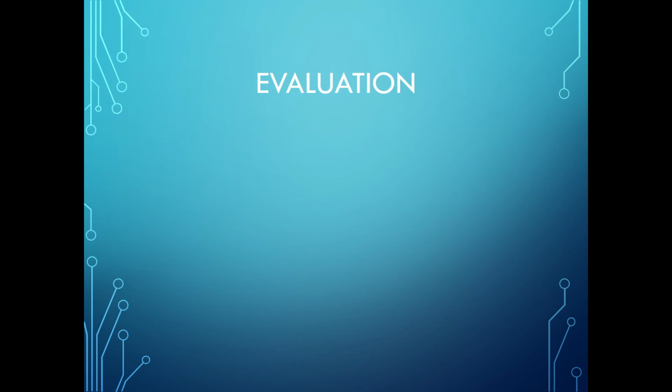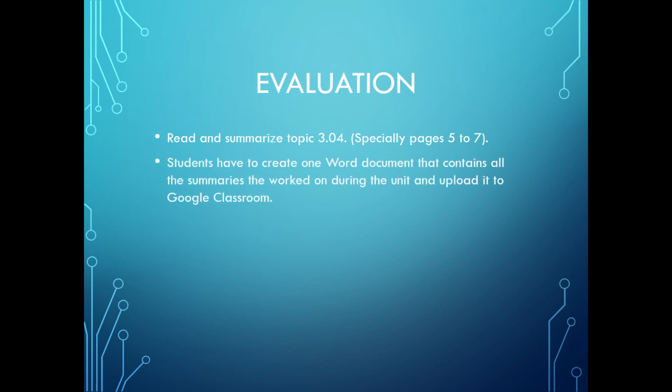Alright, so now let's jump to your evaluation for today. Please read and summarize topic 3.04, especially focusing on pages 5 to 7. Students have to create one Word document that contains all the summaries that they worked on during the unit and upload it to Google Classroom.